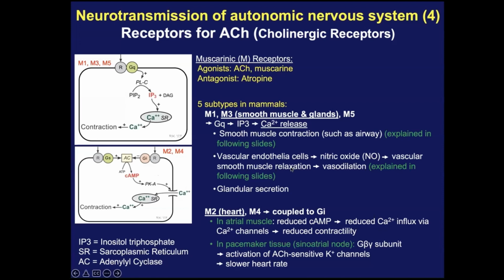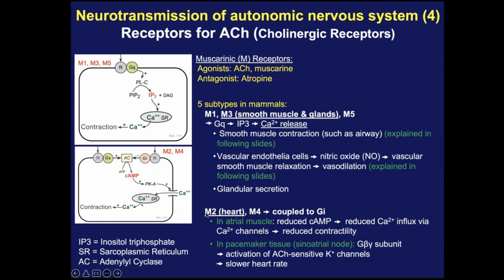This will cause vascular smooth muscle relaxation, causing vasodilation. In the gland tissues, when the calcium level in the cell is increased, it will stimulate the glandular secretion in the gland tissues. These are the first group.